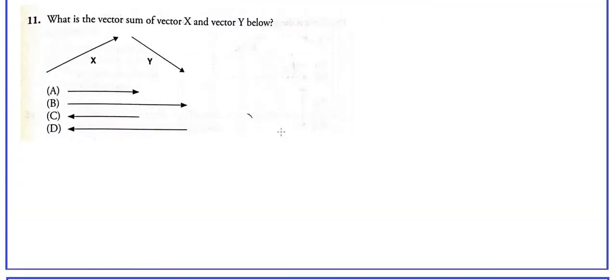Question number 11. What's the vector sum of vector x and vector y? When we add vectors, we add tip to tail. So this is vector x, and then we have vector y. We add tip to tail, and when we are done, because there are only 2 vectors, we connect the start point and the end point.